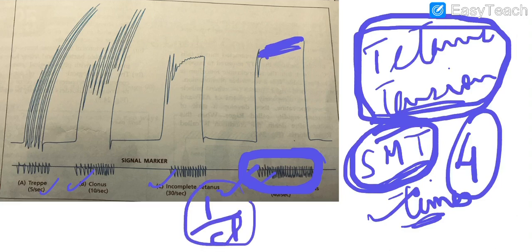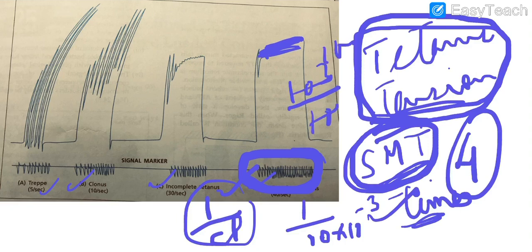Say if the contraction period is 10 milliseconds, so it will be 1 by 10 milliseconds, and a millisecond is 10 raised to the power minus 3. So it should come out as 10 raised to the power 3 divided by 10, so it should be 100.